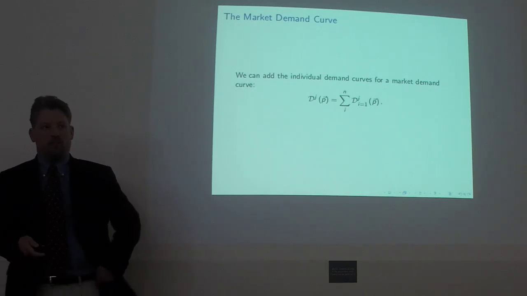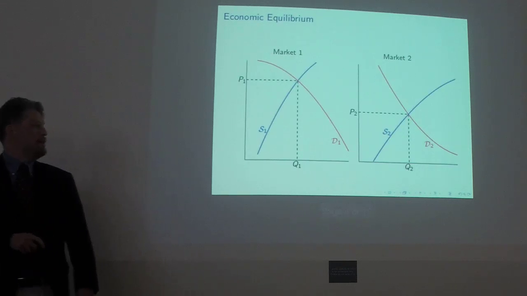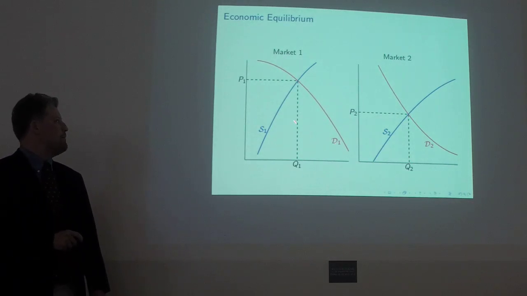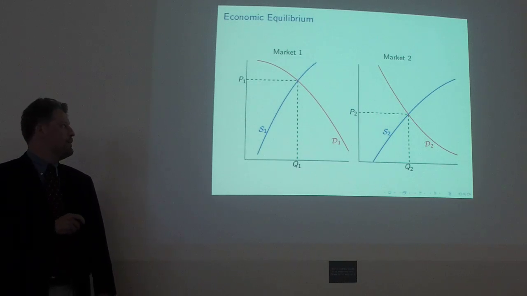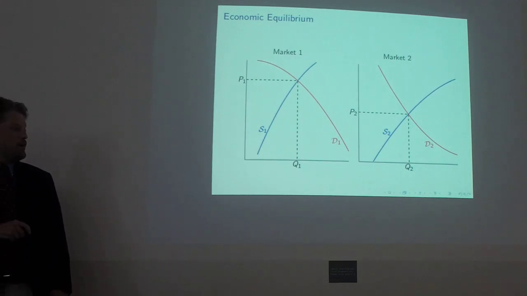Okay, so that's demand. So equilibrium. You've got a downward sloping demand curve because as prices go up, we can afford fewer of the goods, hence the slope. Supply curves are upward sloping.